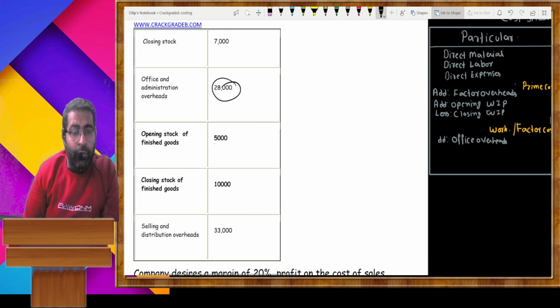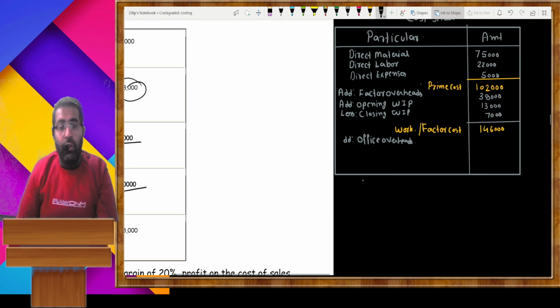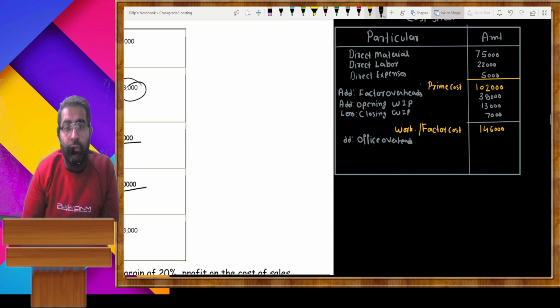And opening stock of finished goods also given. Closing stock of finished goods also given. You just have to write it. Office overhead 22,000. Added. Add opening stock of finished goods less closing stock of finished goods.